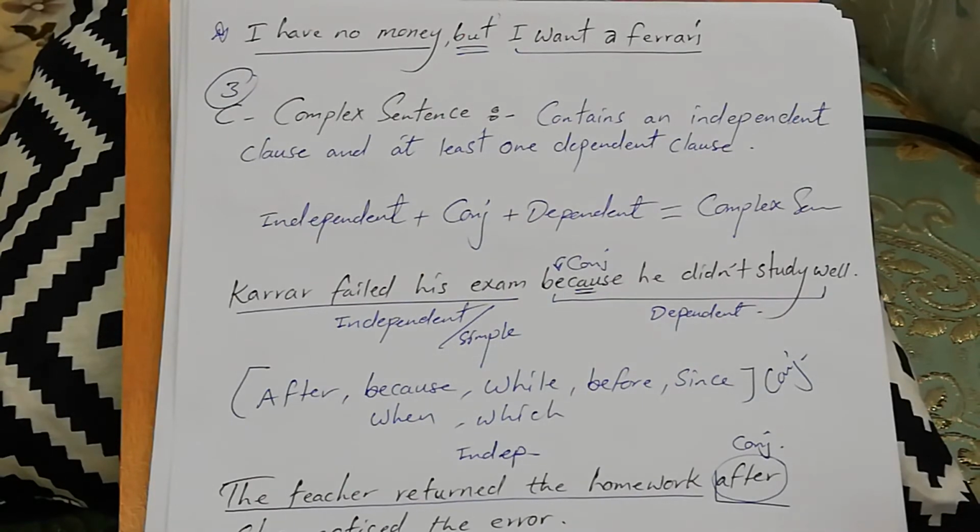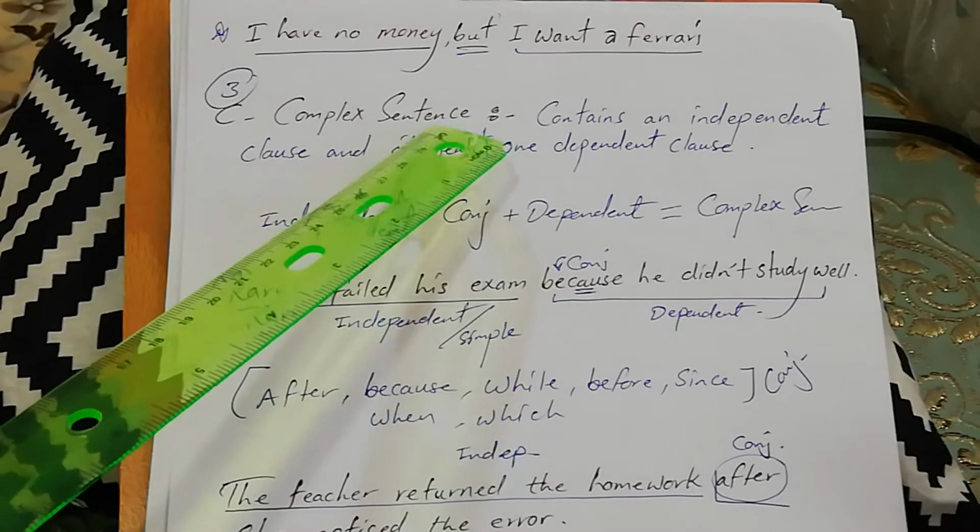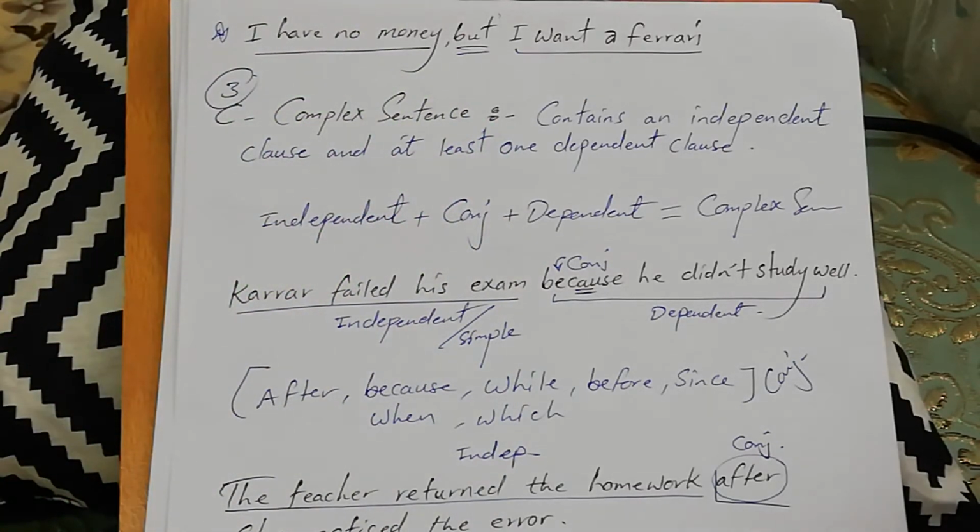The third type of sentence is the complex sentence. Complex sentence يعني مو الجملة المعقدة. It's easy.